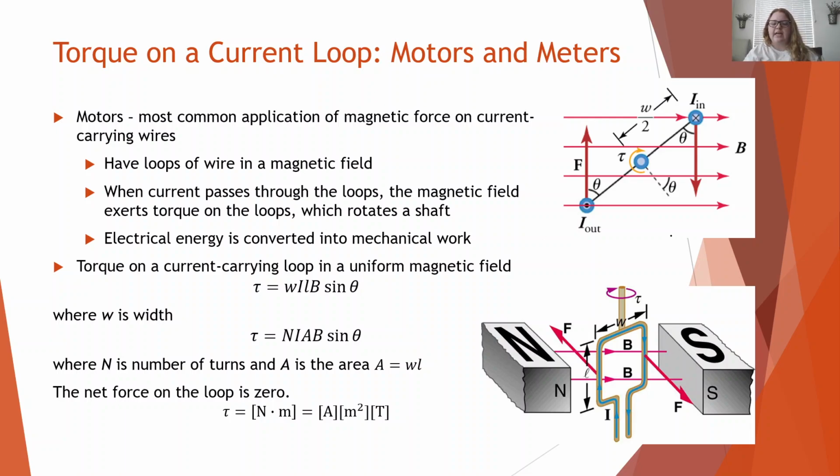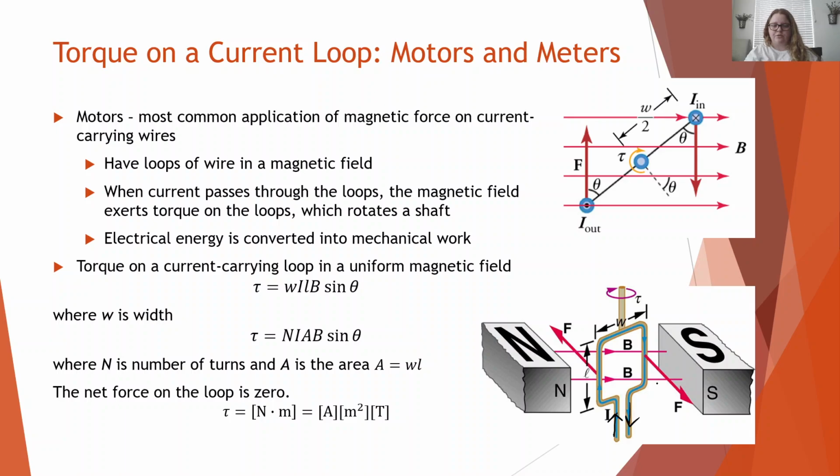So we can look at this here. We have a magnet on either side, the north and south pole, and we have a loop of wire here with some current flowing through it. As you can see, it's in this direction. So it goes all the way through here and back down.